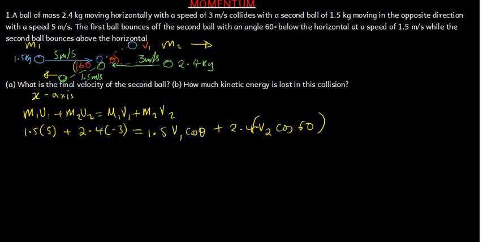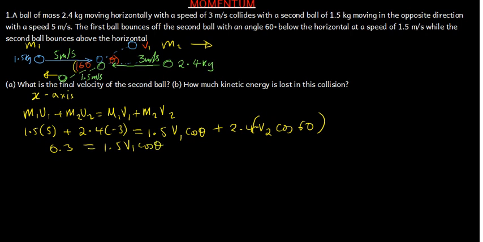Alright, so we multiply 1.5 by 5, that is 7.5, and then we also add the product of 2.4 and -3. So this side is giving 0.3, and that should be equal to 1.5 v1 cos theta.